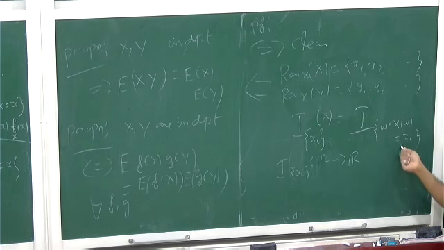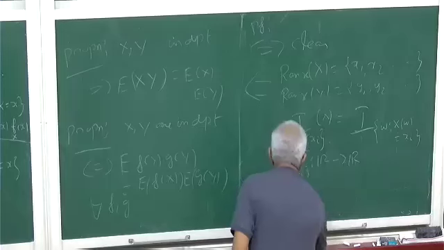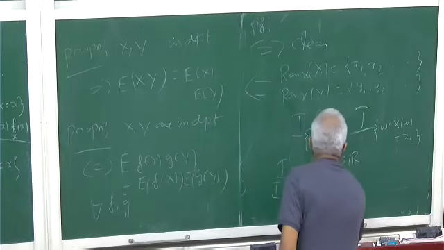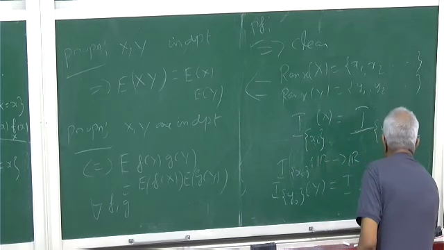Is this clear? Similarly, the indicator function of yj of Y equals the indicator function of Y equal to yj.